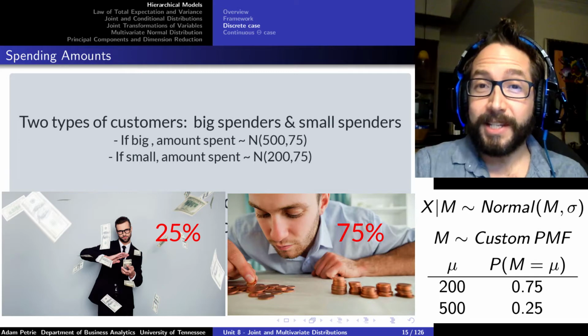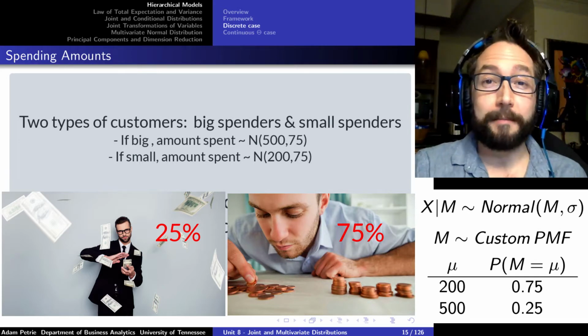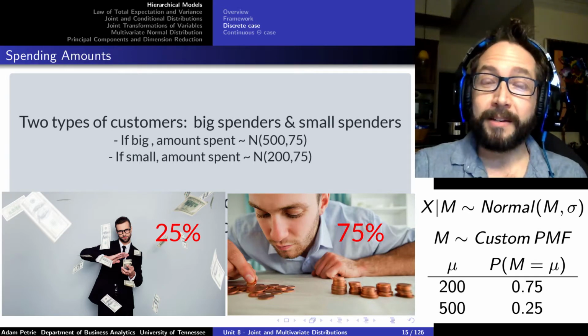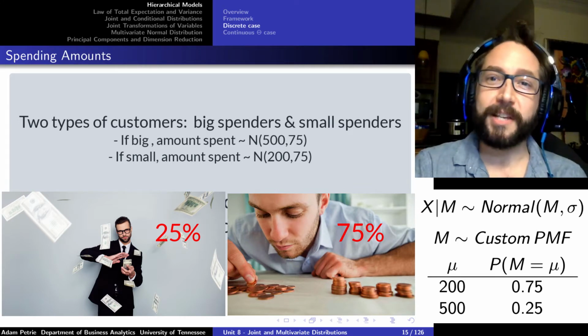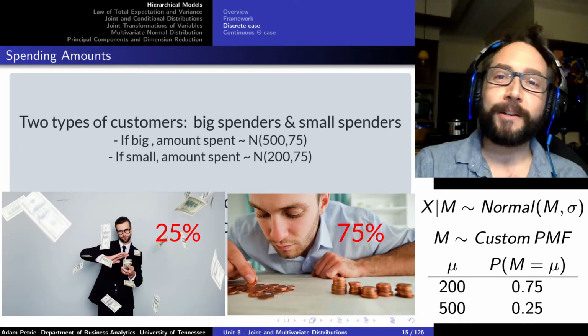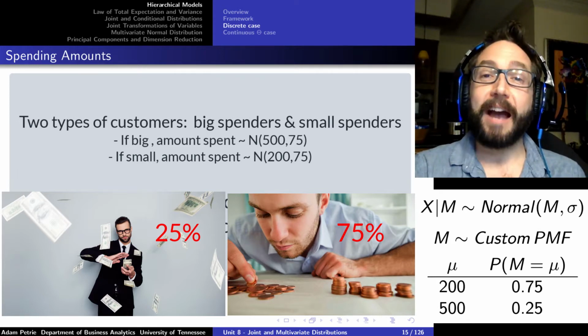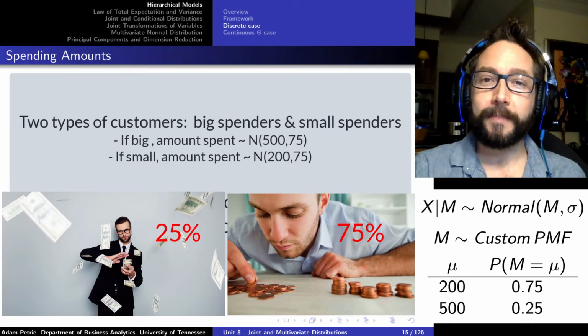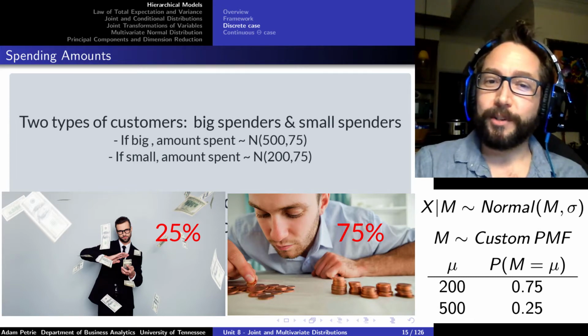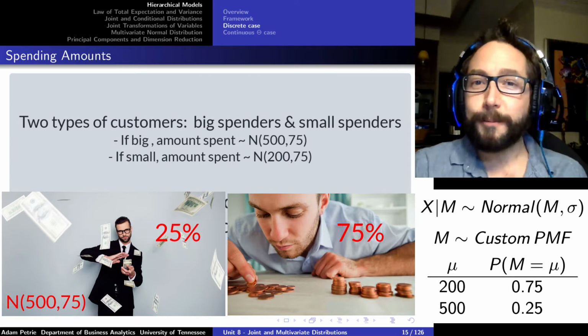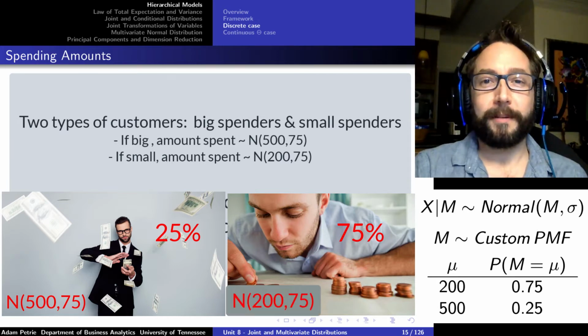Now, the good news is that the probability distributions of the amount of money that both of these groups spend are well described by a normal distribution with a standard deviation of 75. It's just that the big spenders and the small spenders have different averages, different values of mu. So in this case, if we're dealing with a big spender, mu is going to be equal to 500. If we're dealing with a small spender, mu is going to be equal to 200.